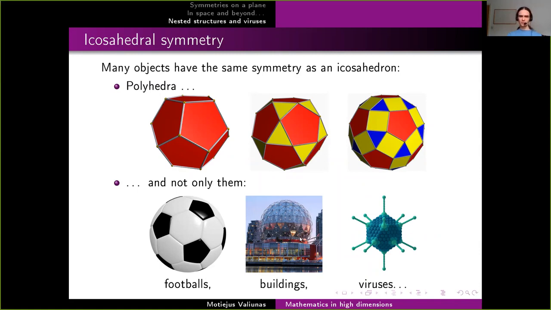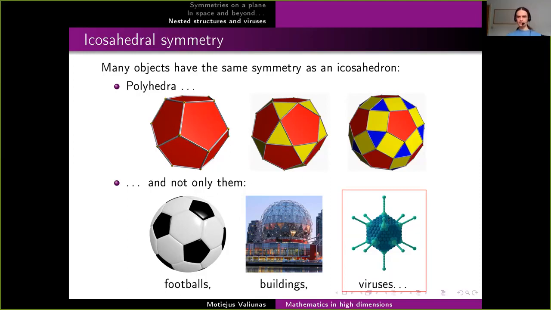This one, I believe, is some science museum in Vancouver, which also has the same symmetries as an icosahedron. But what I wanted to study here are mostly viruses. Many viruses have this property that they have the same symmetries. So here you can see some pointy things again. It's not exactly an icosahedron, but it has the same symmetry.